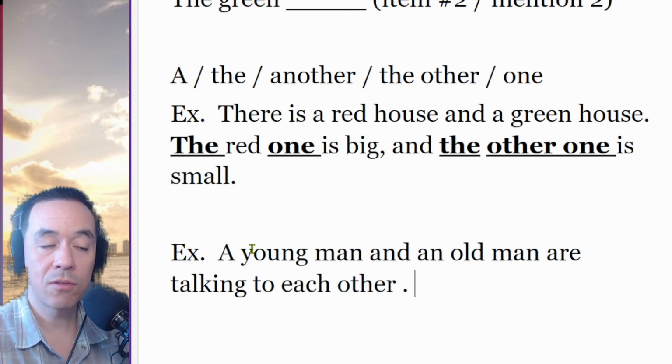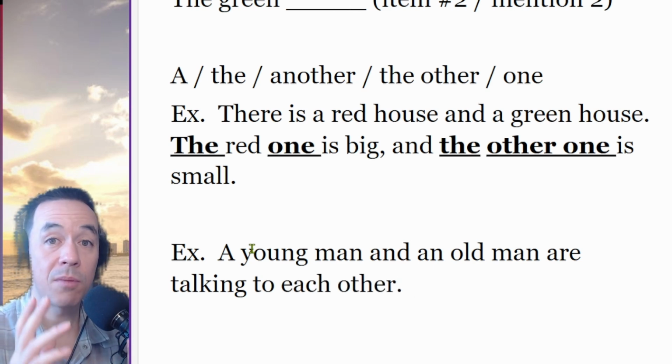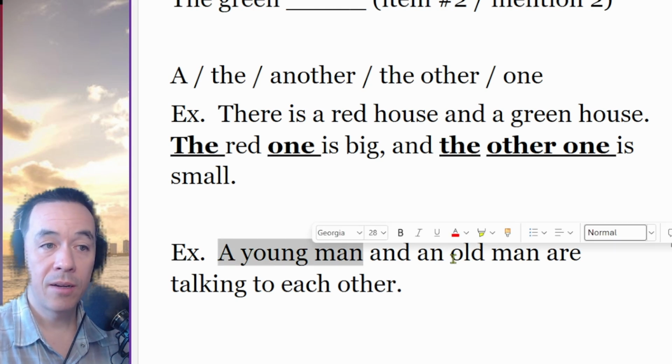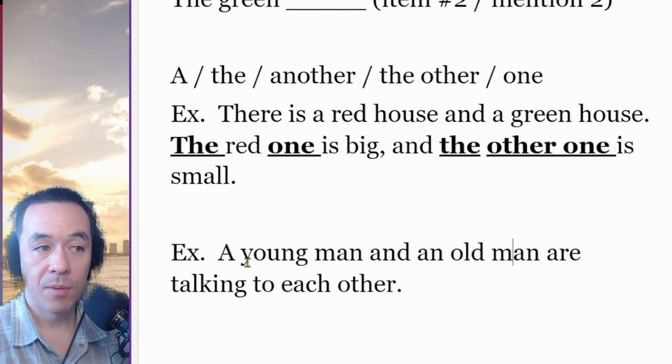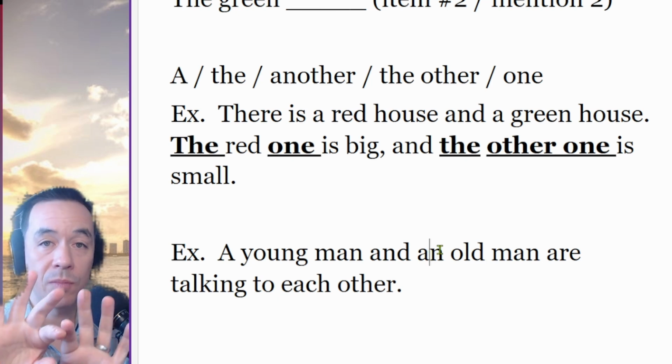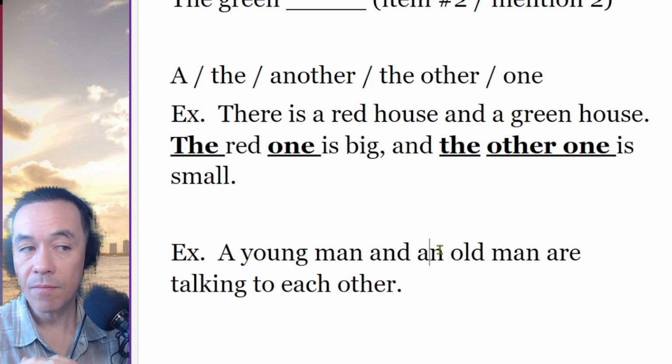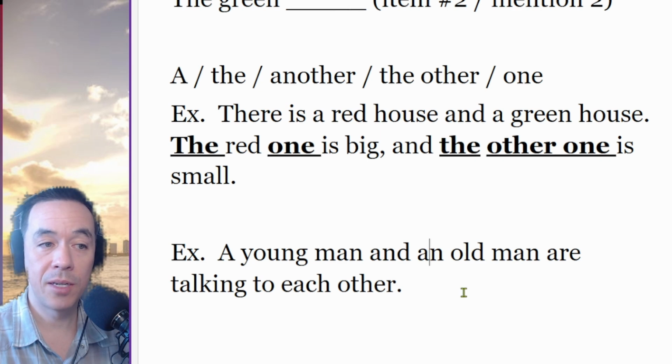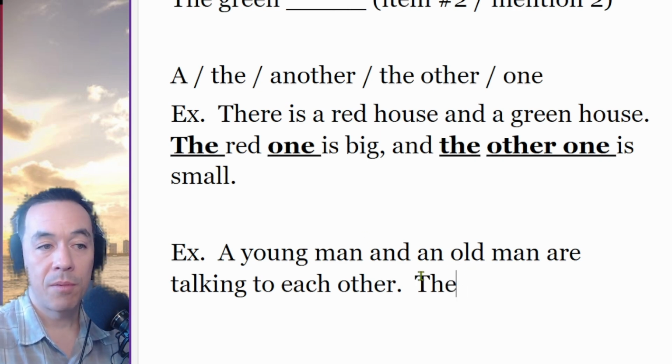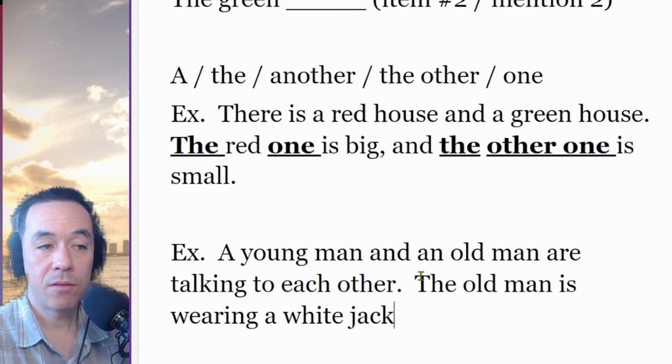So we introduce, this is, again, mention number one, a young man and an old man. Two separate people, but that's mention one. Now go to mention two. I'll say, yep, the old man is wearing a white jacket.